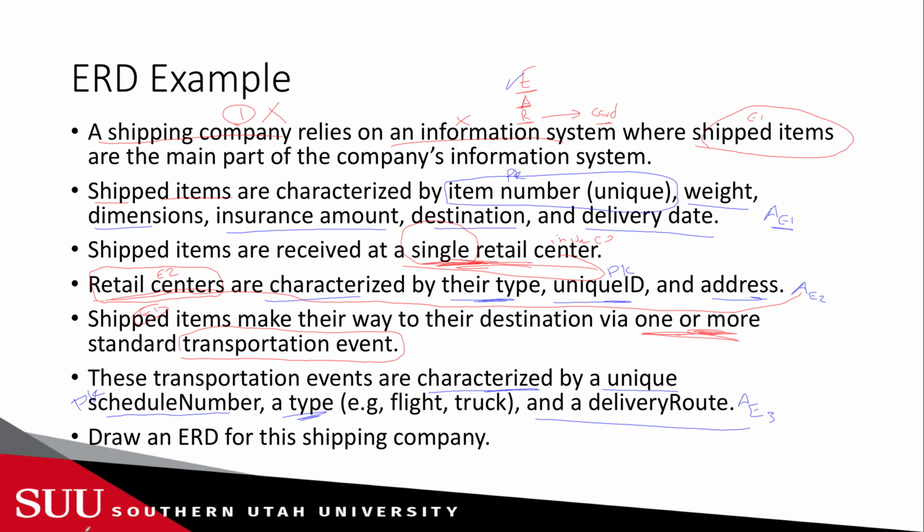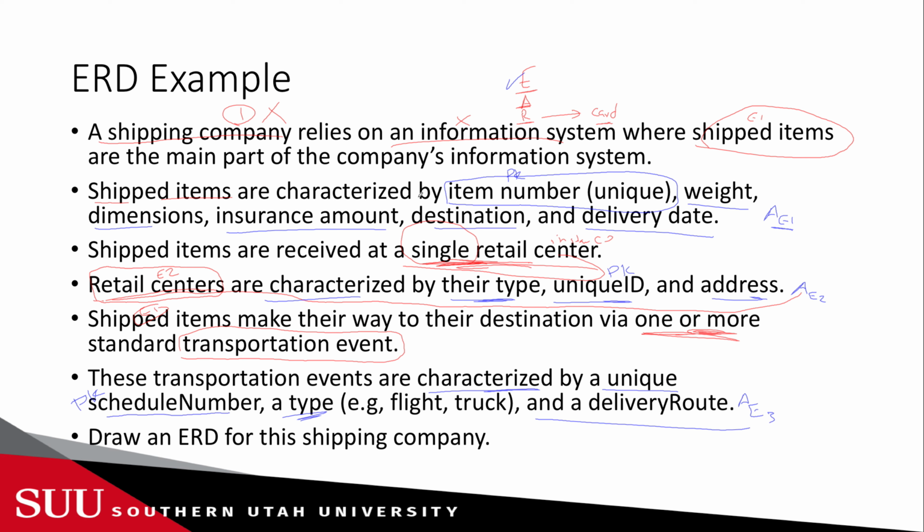Okay, now let me choose another pink color for our relationships. Now let me just read it back again and extract the relationships. The shipping company relies on an information system. We don't have any relationship here.